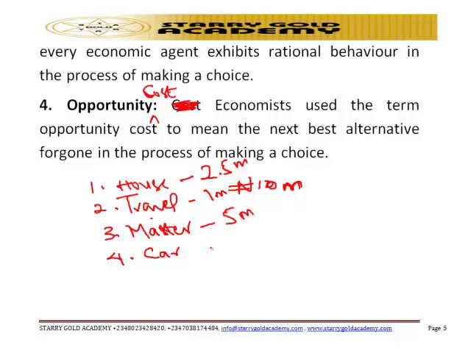And to get my car, I will spend 4.5 million. So the aggregate of these: 2.5 plus 1 is 3.5 million, plus 5 is 8.5 million, plus 4.5 million is 13.5 million.